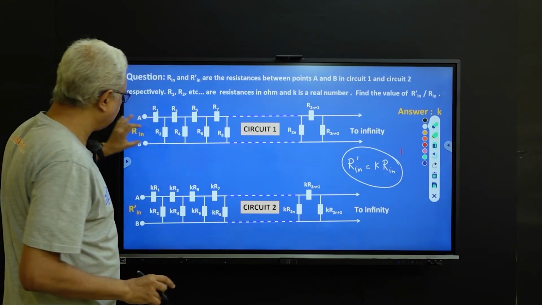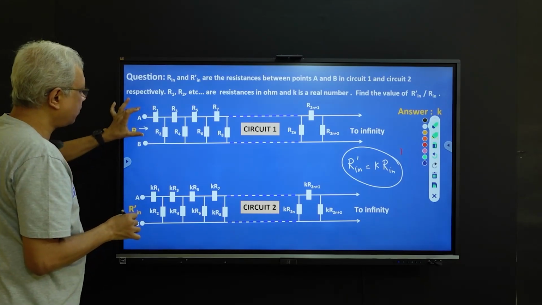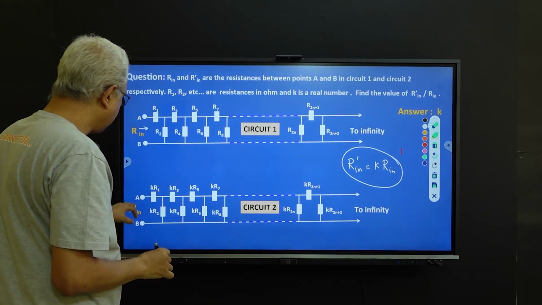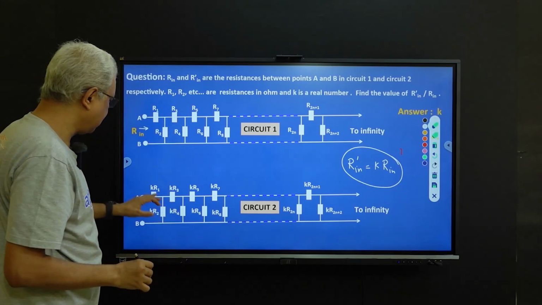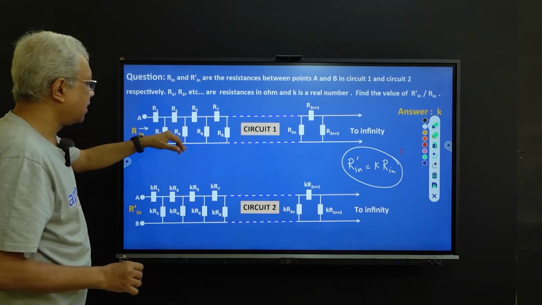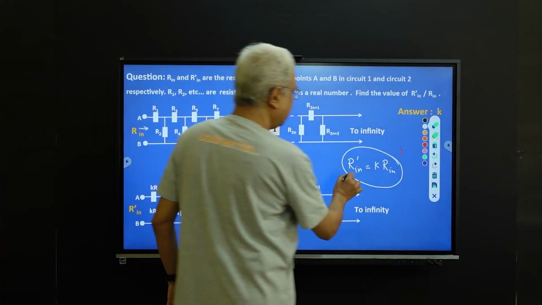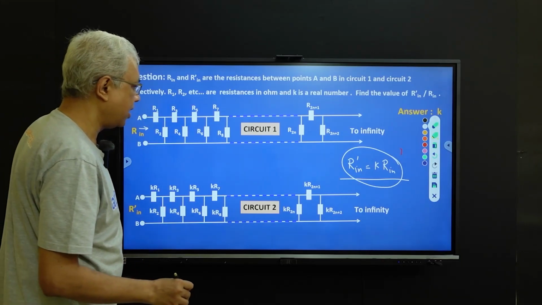So here R in is the input resistance or equivalent resistance between points A and B. Here R in dash is the equivalent resistance between points A and B in this circuit, where all the resistances are K times those in circuit 1. We have already shown R in dash is equal to K times R in.